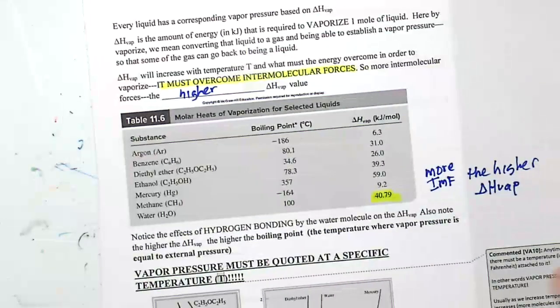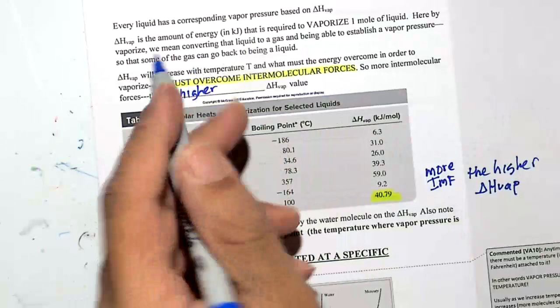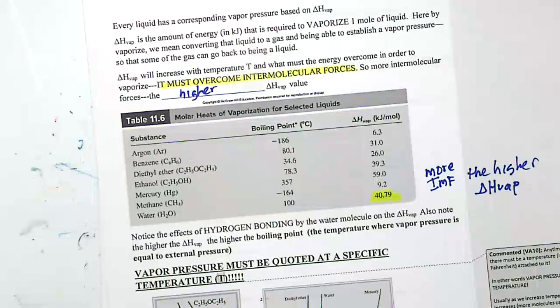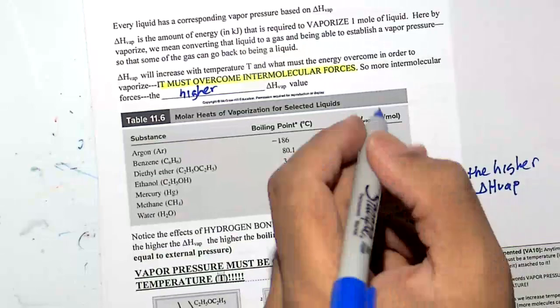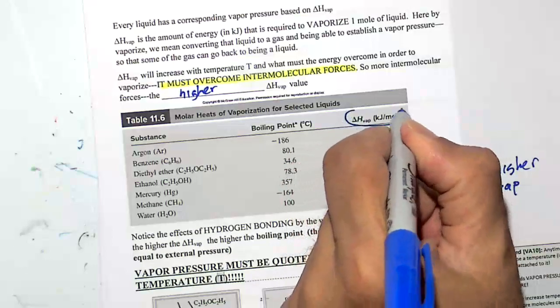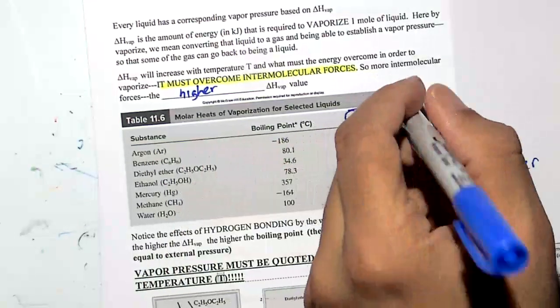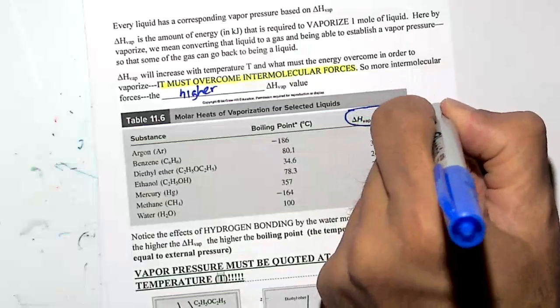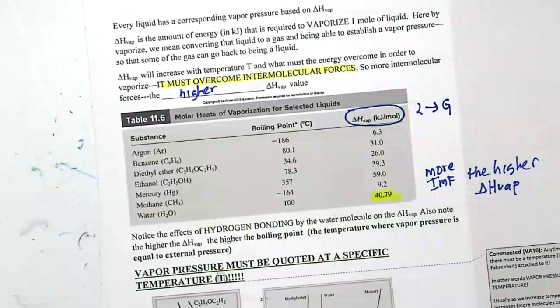You just have to know this delta H vaporization is an energy. If you have higher intermolecular forces, if our bonds are strong, it's going to take a lot of energy to break us apart as a molecule. For water, this is about 40.79 kilojoules per mole, taking 1 mole of a liquid and converting it to a gas.